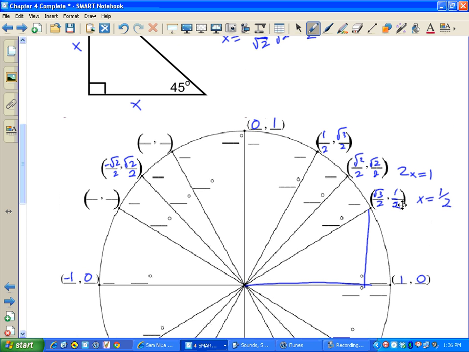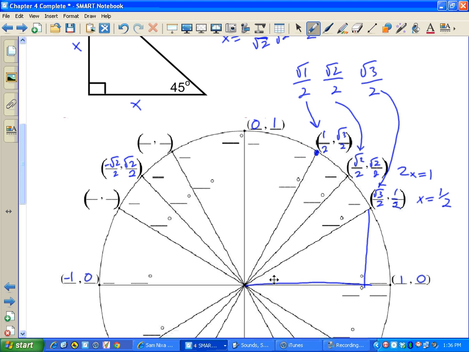Here's another way to think of it. If you notice, I've got square root of 1 over 2, which is 1/2. I've got square root of 2 over 2. And I've got square root of 3 over 2. So they go in order. If I'm looking at the x, this point is closest to my 0 value for x.